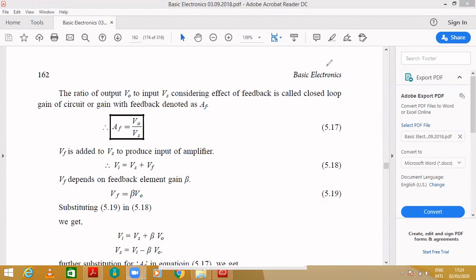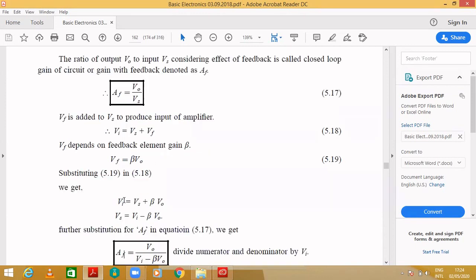Next, by substituting this value in this equation, it becomes Vi equal to Vs plus beta V naught. Then writing for Vs, it will be sent to that side, so Vs is equal to Vi minus beta V naught.